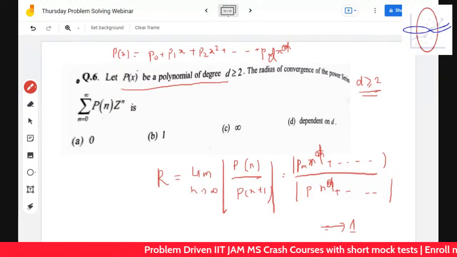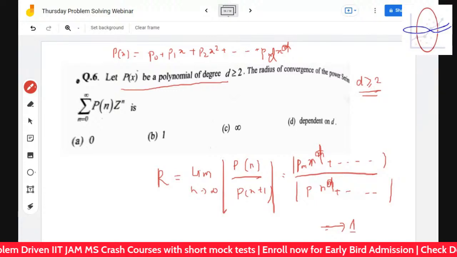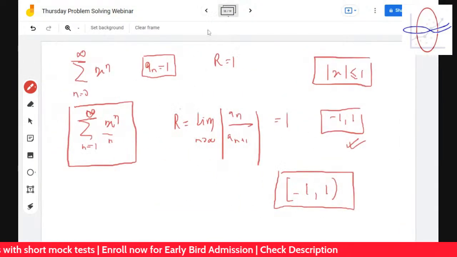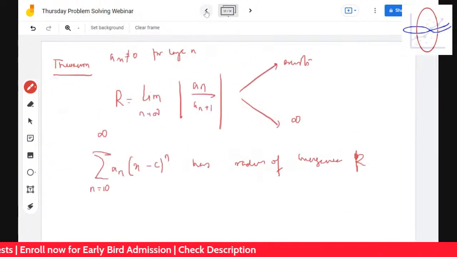All of you understood that? It's a very interesting problem. It's very easy. So this result comes from the ratio test. Okay, remember this. This result comes from the ratio test.